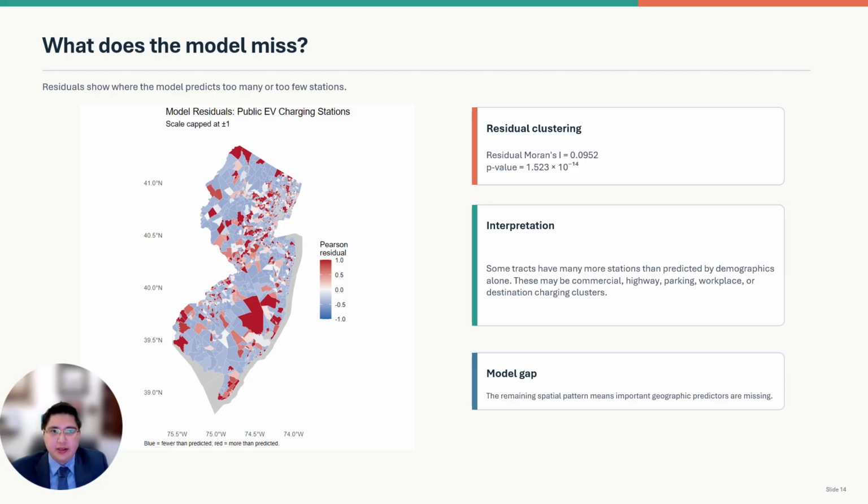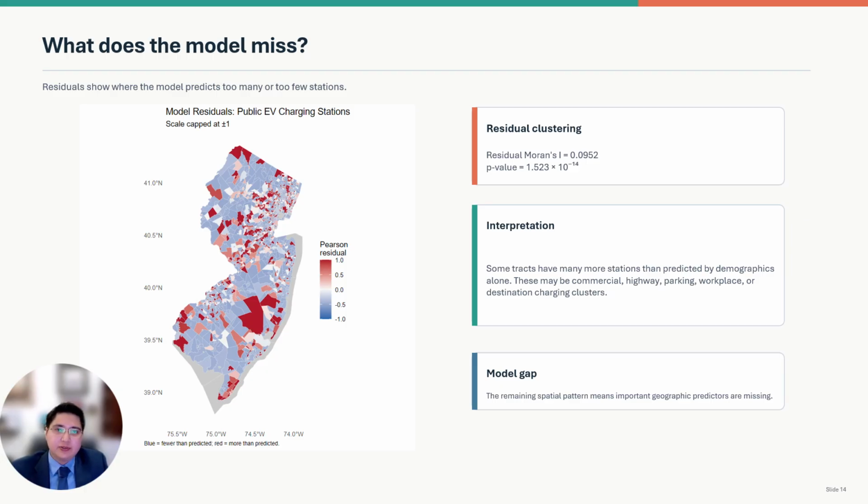After the baseline model, I look at the residuals, and the residuals show where the model predicts too many or too few stations. On this map, blue tracts have fewer stations than predicted, while red tracts have more stations than predicted. The important result is that the residuals' Moran's I is still significant. That means the model errors are spatially clustered.